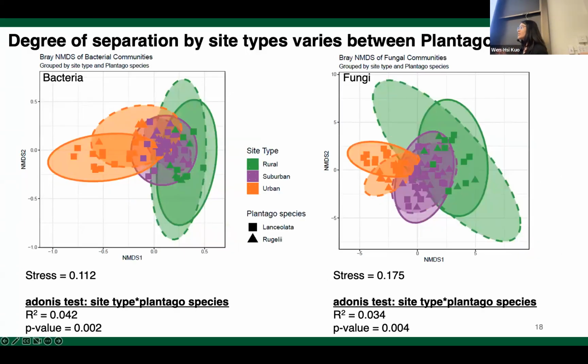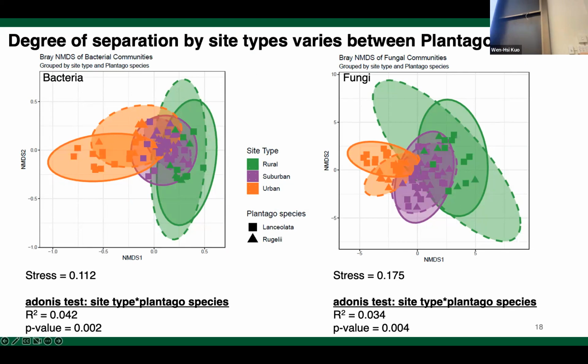If we further split this data of the site types by Plantago species, it's a little bit much. The site types still reflect their colors, but Plantago species is reflected with the square for lanceolata and the triangle for Buguy. You can see that it's still reflecting that pattern of microbial communities clustering by site type and being different between site types.